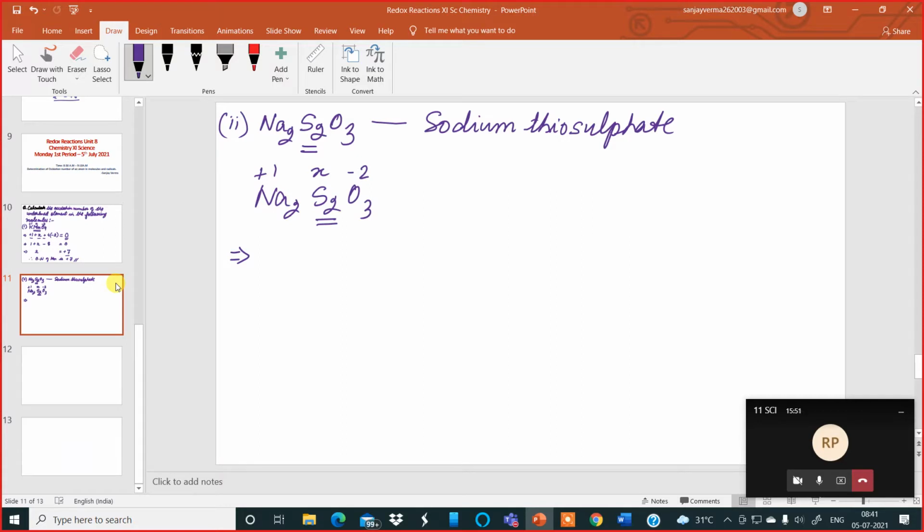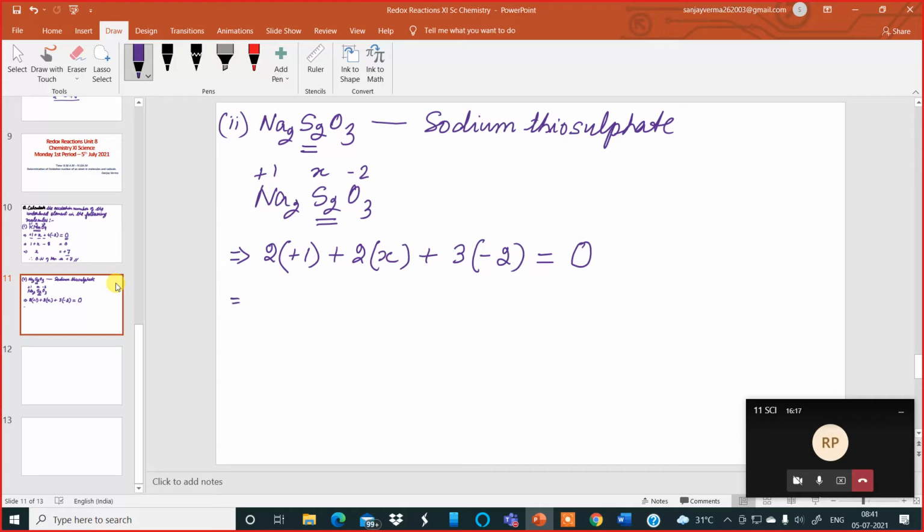So sodium, there are 2 atoms, so I write 2, open the bracket, +1, plus sulfur, there are 2 atoms, so 2, open the bracket, within the bracket put X, plus oxygen is 3 atoms, so I write 3, open the bracket, inside the bracket -2. So this is equal to 0 because the overall charge carried by this molecule of sodium thiosulfate is 0.